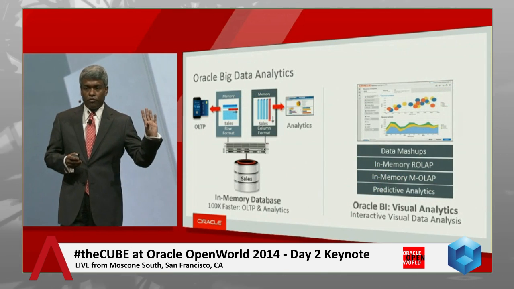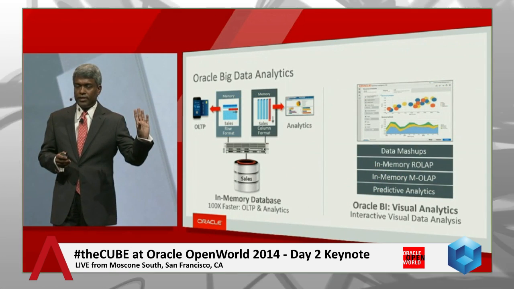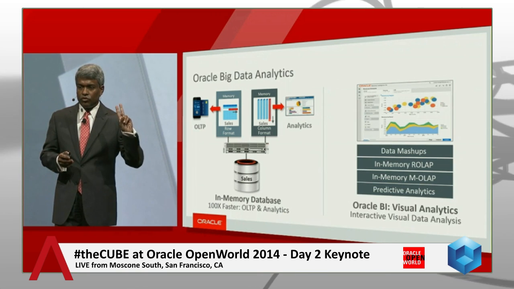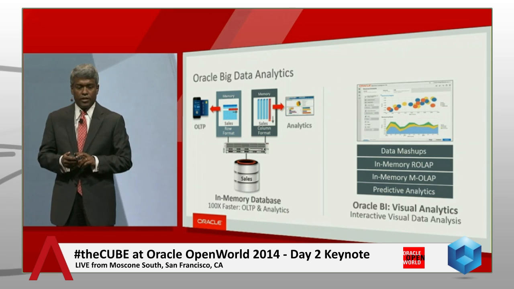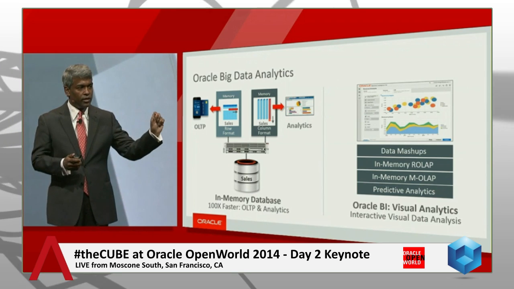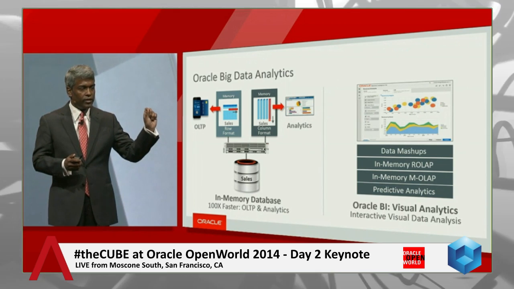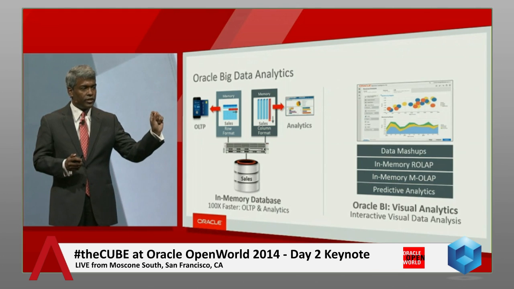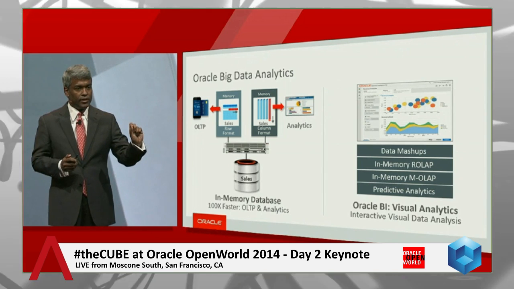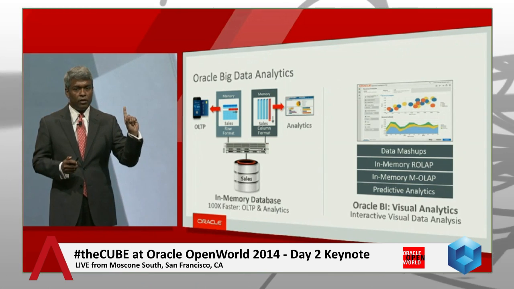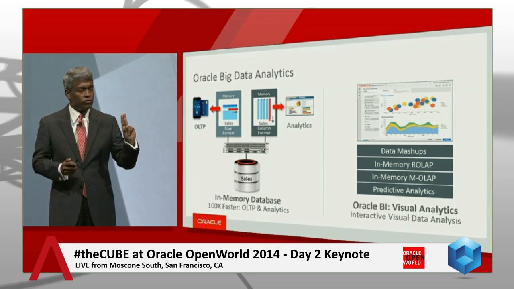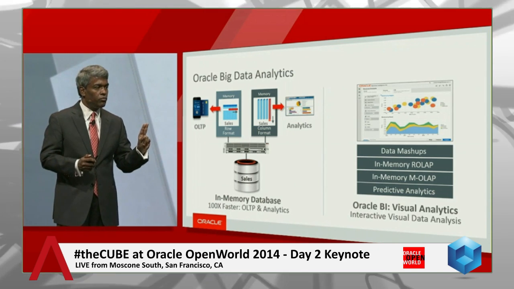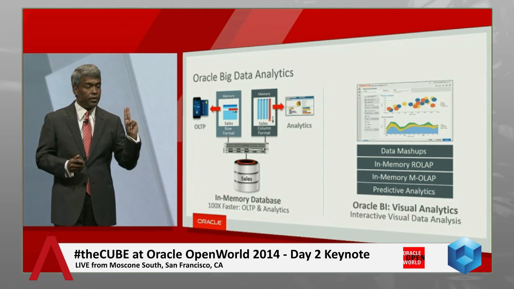So first, for accessing data in relational systems, two very important innovations. The first one, the Oracle in-memory database. It's the only database in the industry that lets you do transaction processing and analytics with great speed on a single system, number one. Number two, it allows you to run these calculations without having to modify your applications.